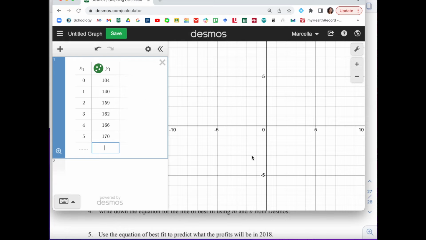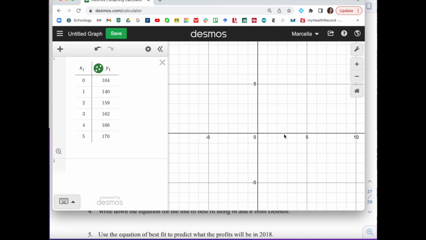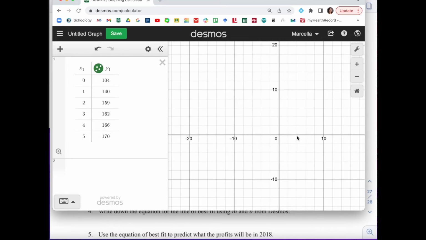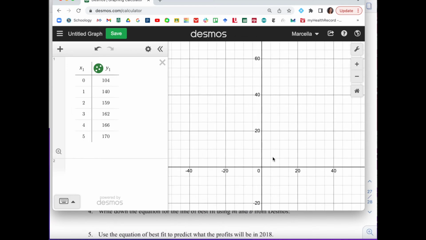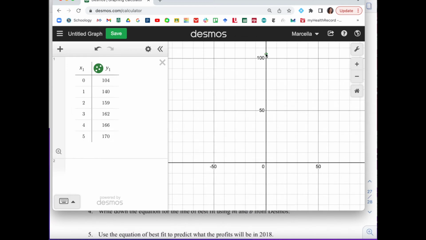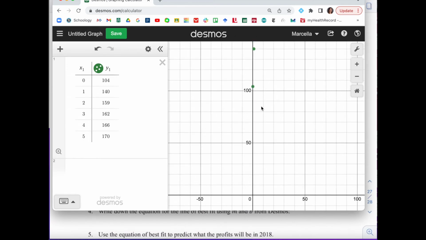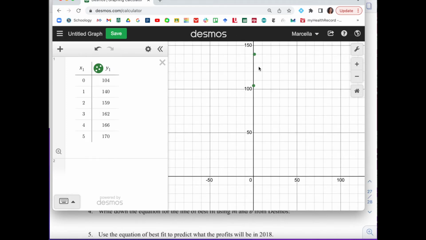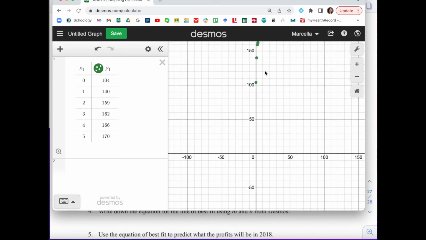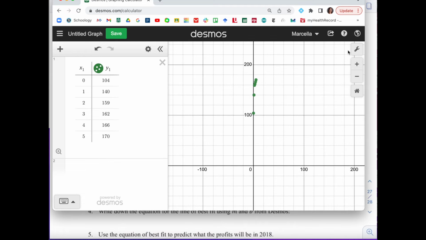So I notice that I can't actually see anything on my graph, but that's because my Y values are so big. So if I zoom out a lot, I can see sort of a smattering of things right here. Not that it's terribly important to see them, but I would like us to have a look.